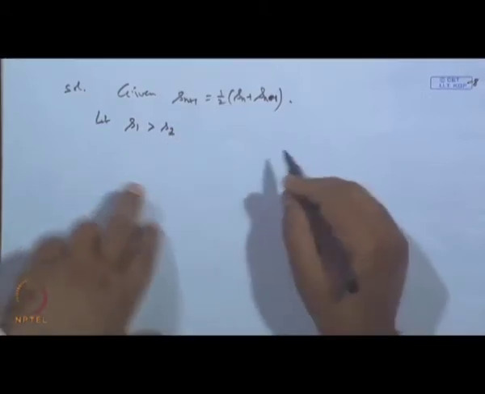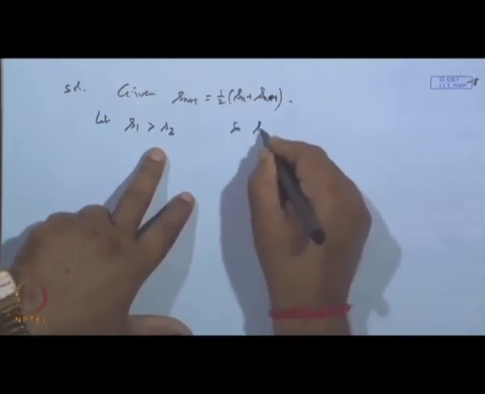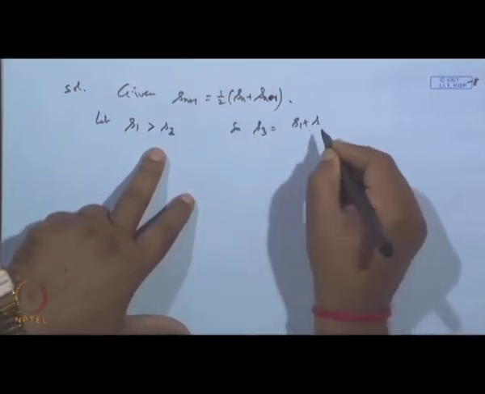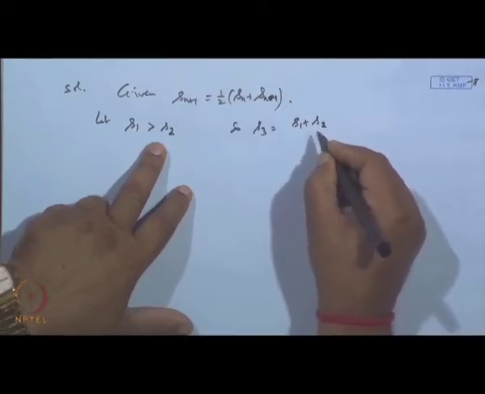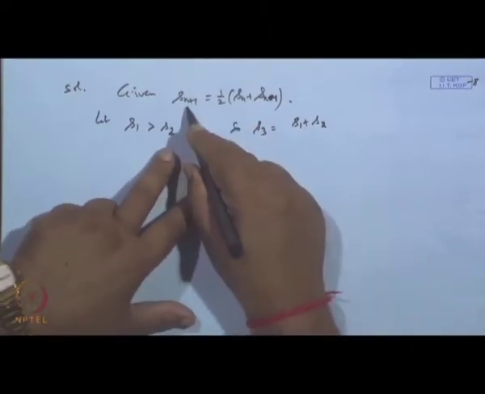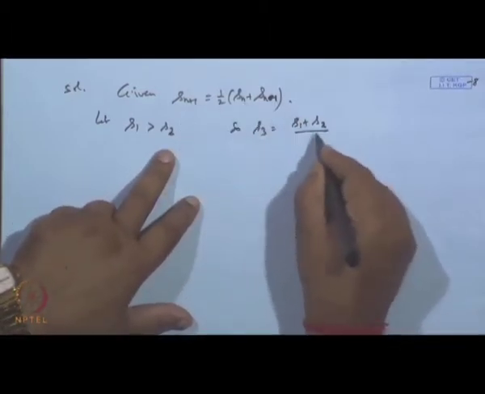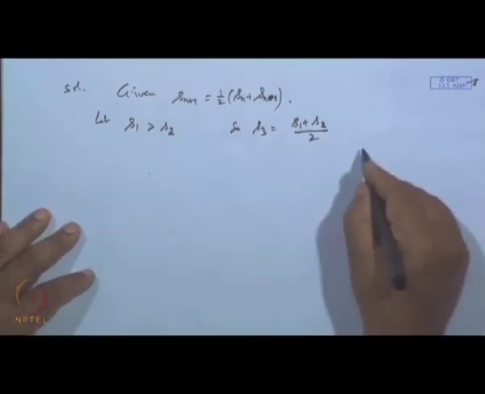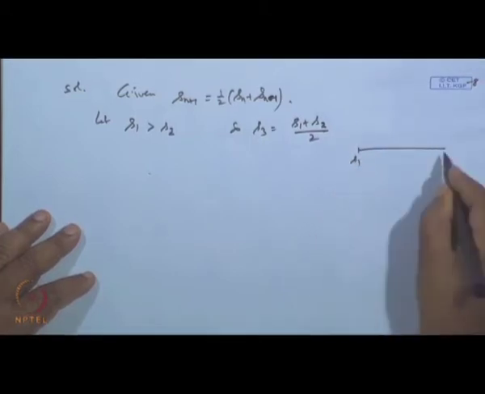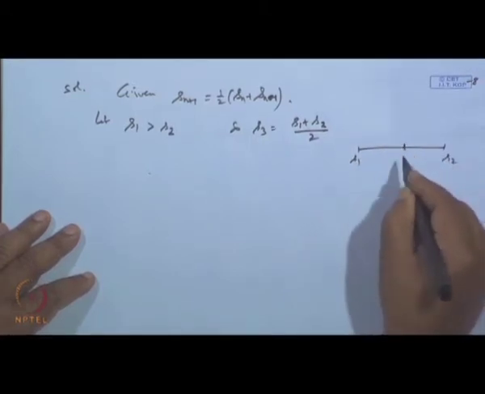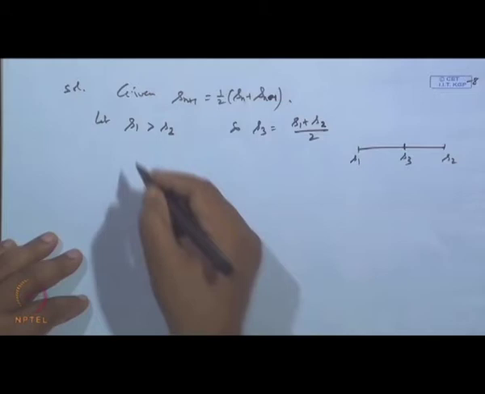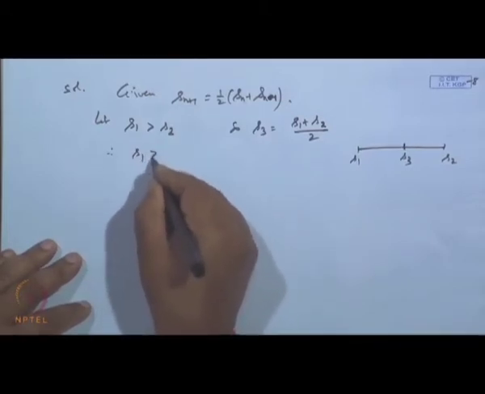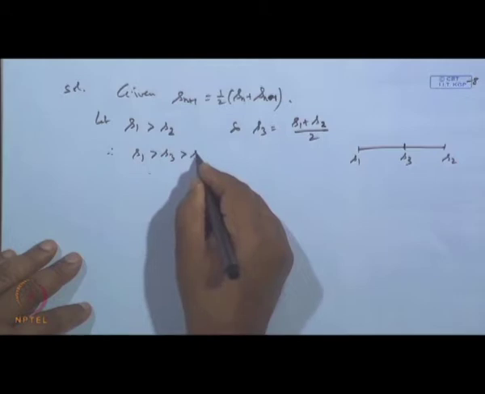So, S3, n is equal to 2, so S2 plus S1 by 2. This will be S3. It means between S1 and S2, here is S1, this is S2, here we are getting S3, which is the mean of S1 and S2. So, we get S1 greater than S3 greater than S2.